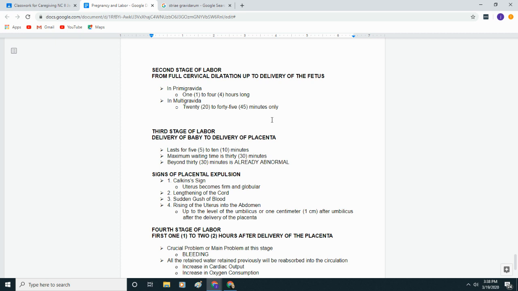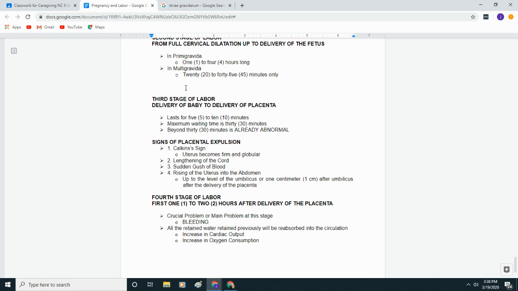So, second stage of labor, full cervical dilation up to delivery of fetus. Okay, that's the second stage. Okay. The stage of labor, commonly for prima gravida or first-time mothers, 1 to 4 hours lang yan. Okay? Pero kapag medyo marami ng anak, mabilis lang yan. Okay? Konting ubo lang, lalabas na yan.